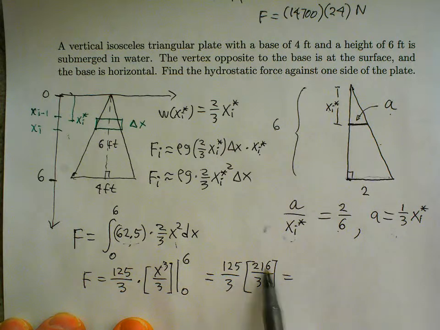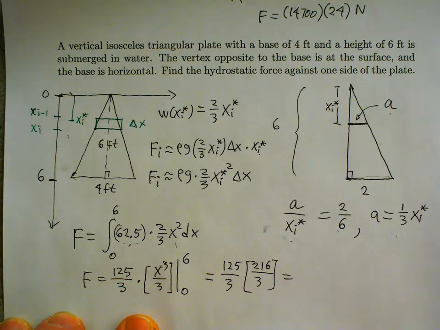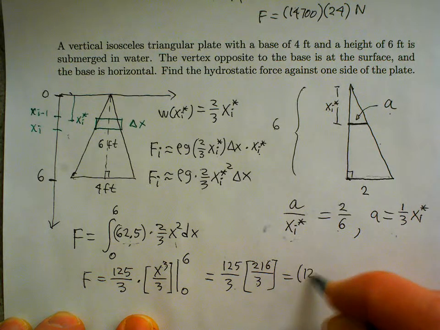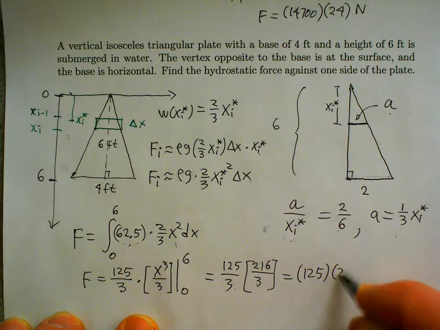So if we divide 216 by 9, we get 24. So 216 divided by 3 times 3 is 24. So we get 125 times 24.